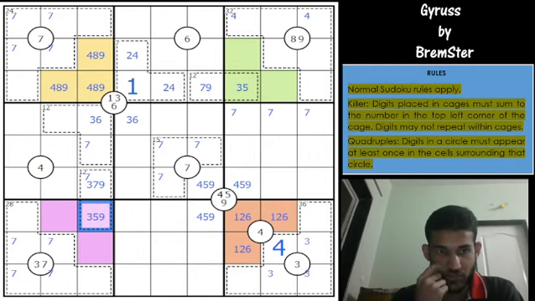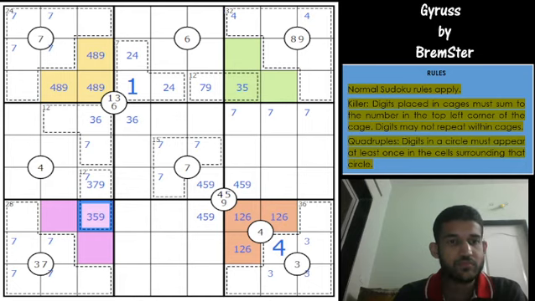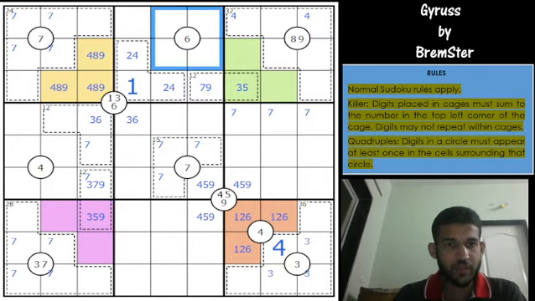A testing Sudoku, fellas, not so easy, but at the same time very interesting so far. Okay, so what am I supposed to see here? So is this 6 being useful here?